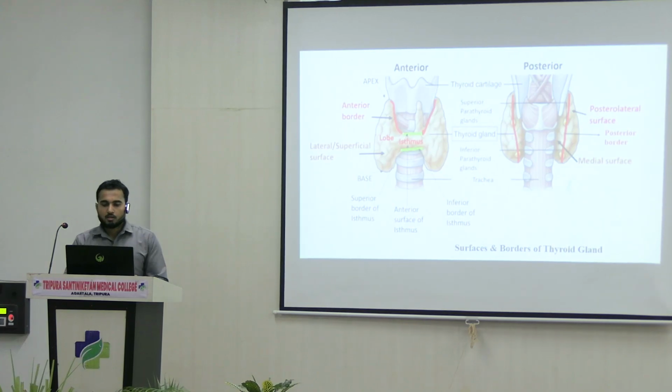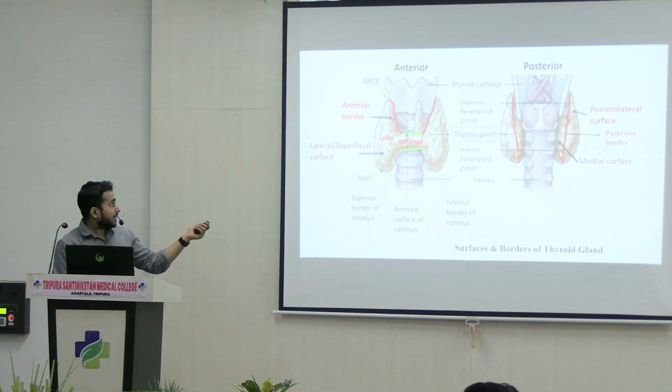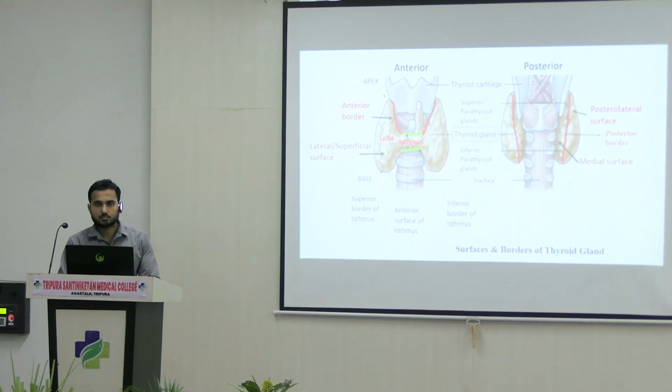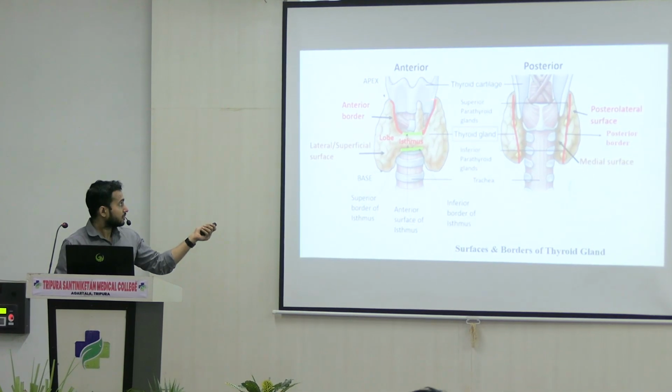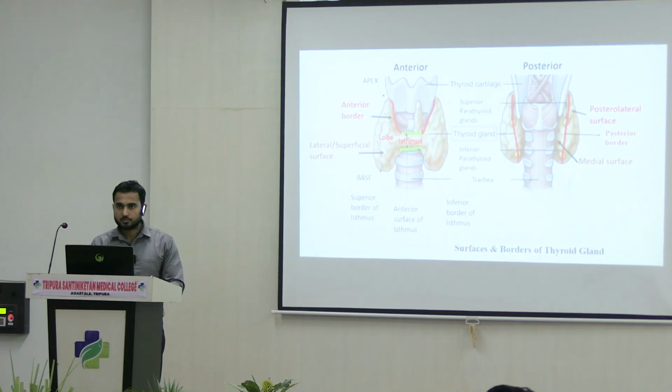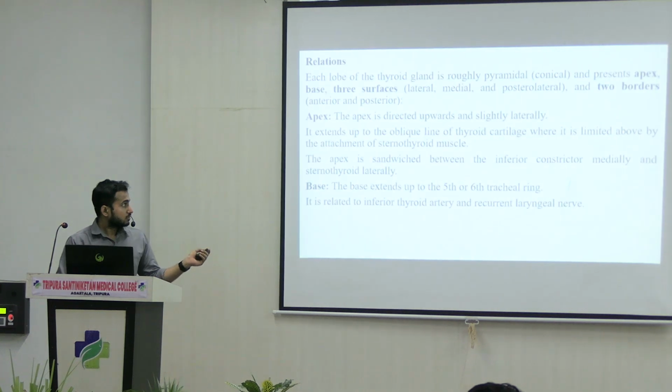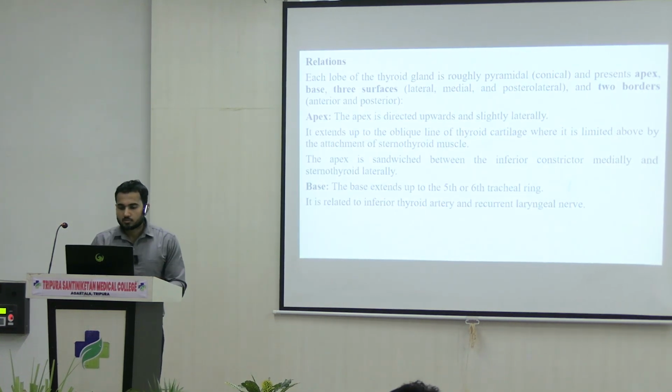Can you see the apex, up to which level it is extending? Just see the diagram, the extent of the apex. The apex is directed slightly upwards and laterally, not straight upwards.